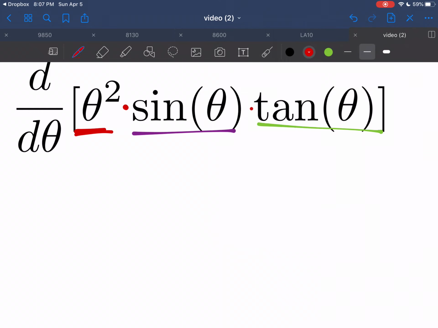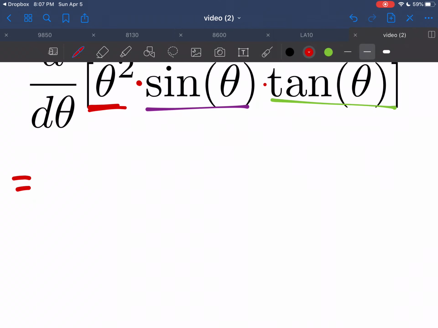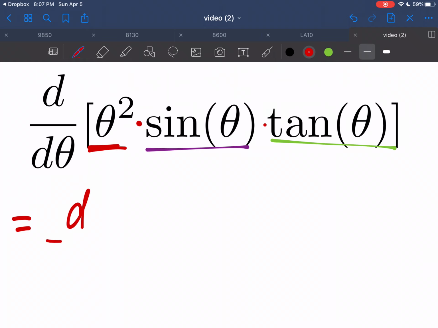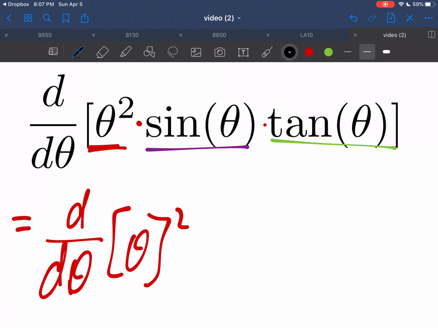All right, so our first term is going to be the derivative of the first term, d/dθ of theta squared, and then we leave the other terms alone, so sine of theta times tangent of theta.